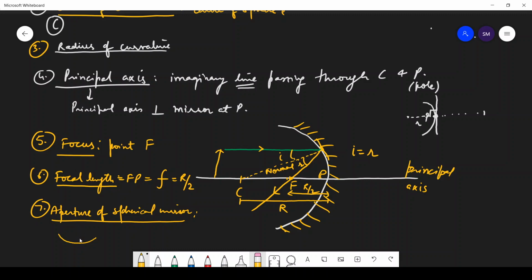So the difference between this concave mirror and convex mirror, what kind of spoon am I talking about? I am talking about the spoon which is, so I need a circle over here.